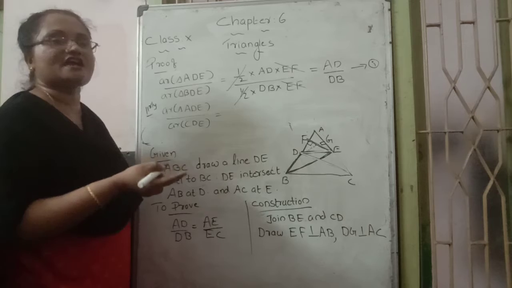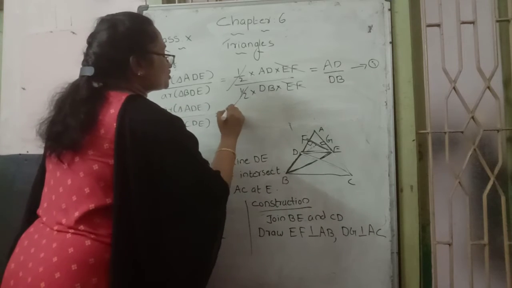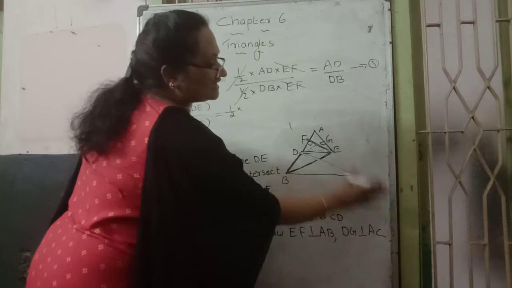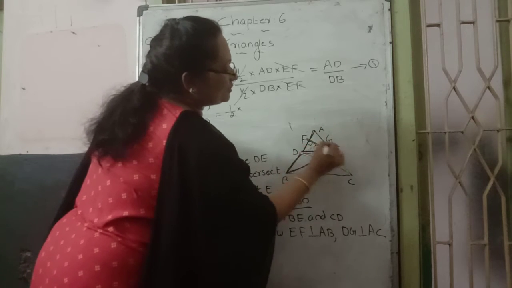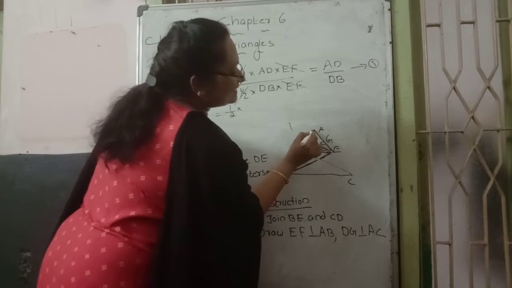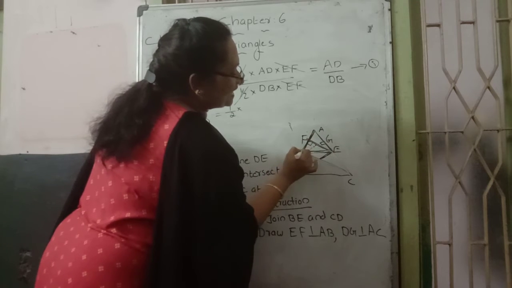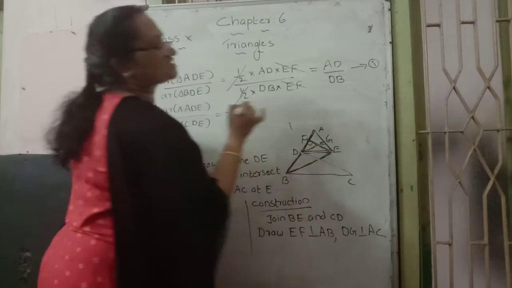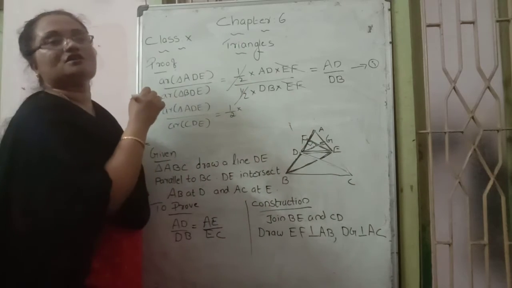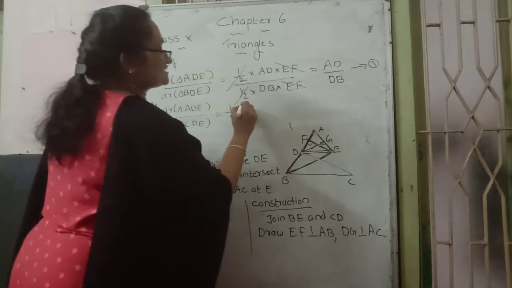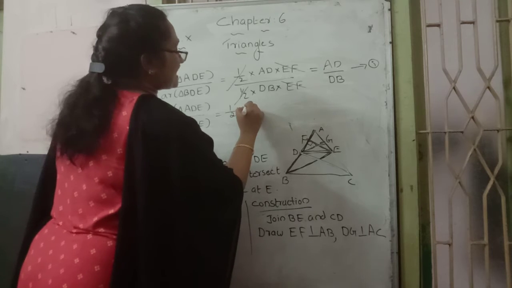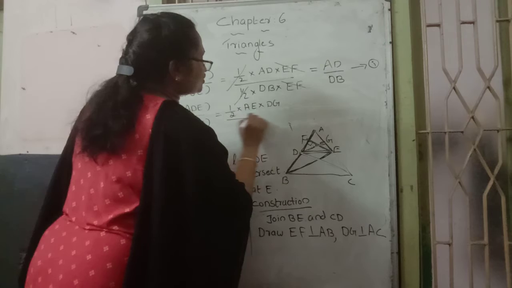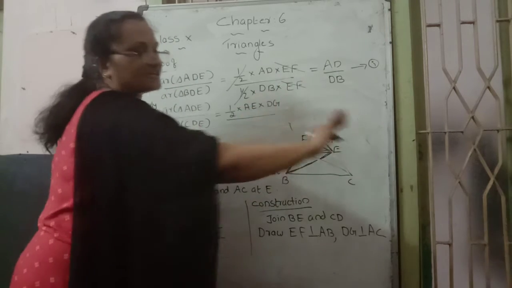With respect to the top triangle, on the right side part, AE is the base and DG is the height.